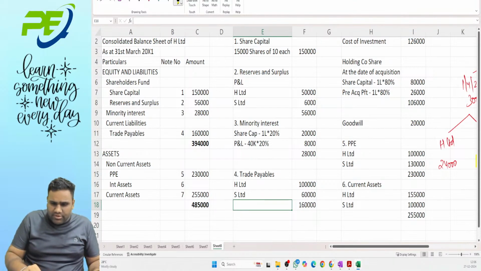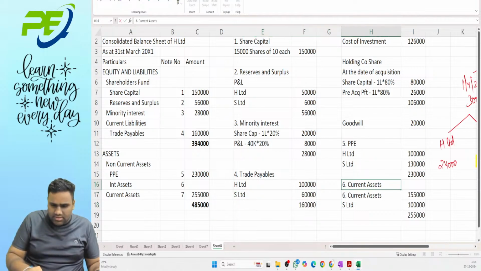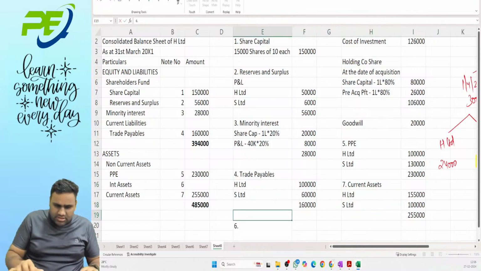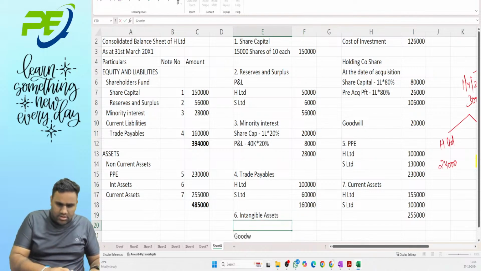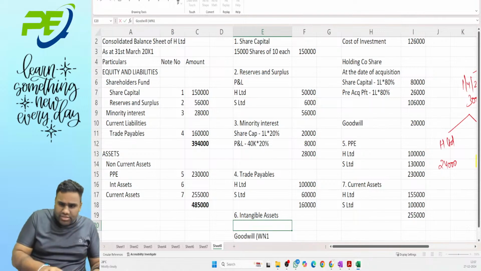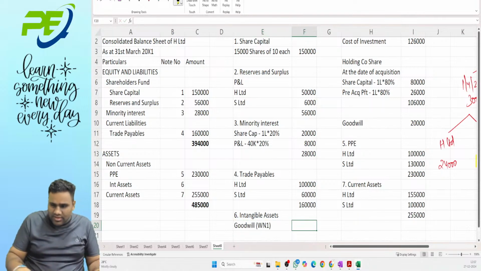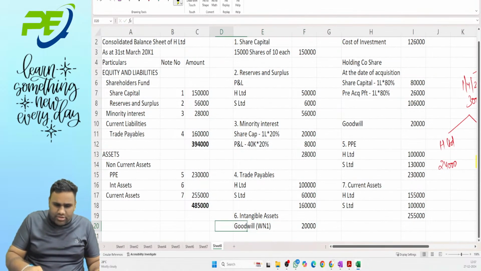So now this will be your note number 7. Now note number 6, under that goodwill, here I'll give reference to working note 1. 20,000, so goodwill 20,000.